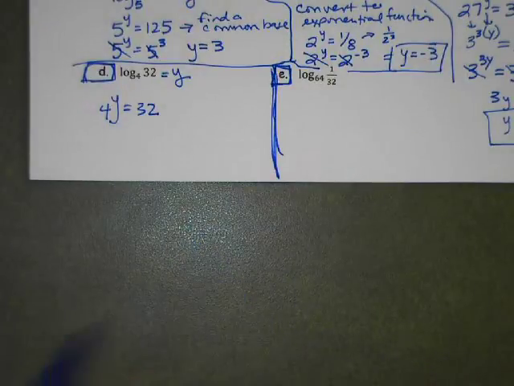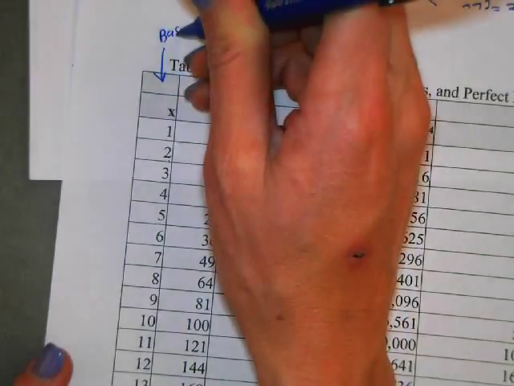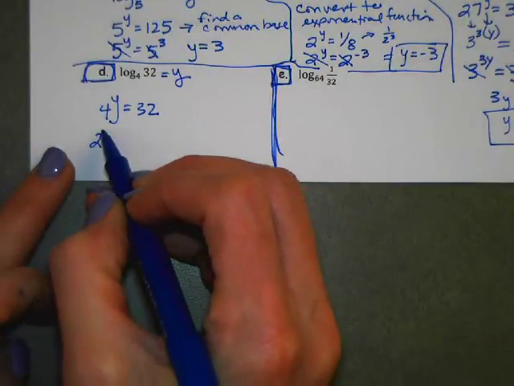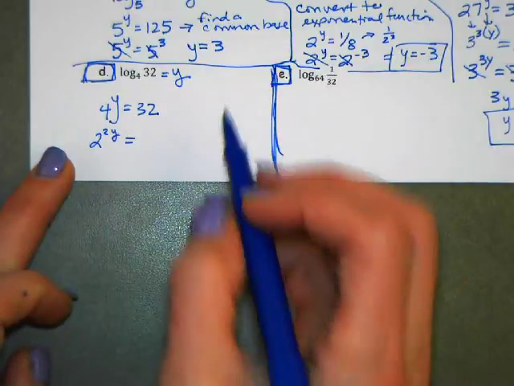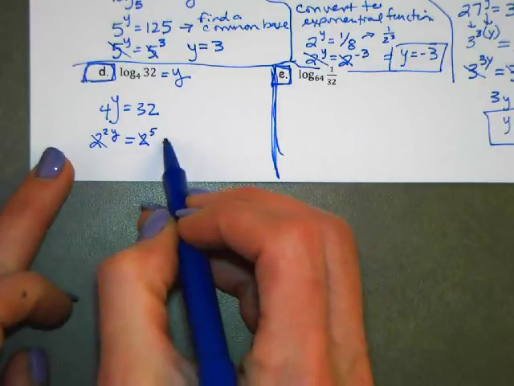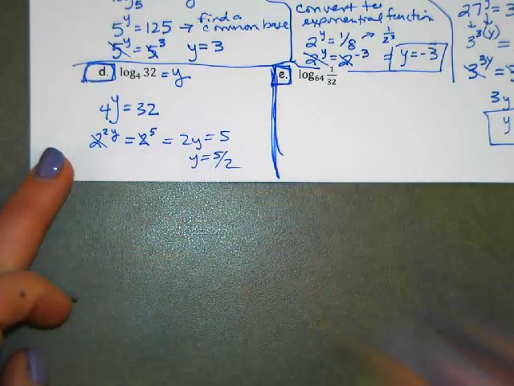So remember, you guys, this will be your base number when you look, okay? So I have a base of 2 for my 4, so this becomes 2 squared times y, and that's going to equal 32, which is a base of 5, so 2 to the 5. So my base is crossed out, and I have 2y = 5, so y = 5/2.